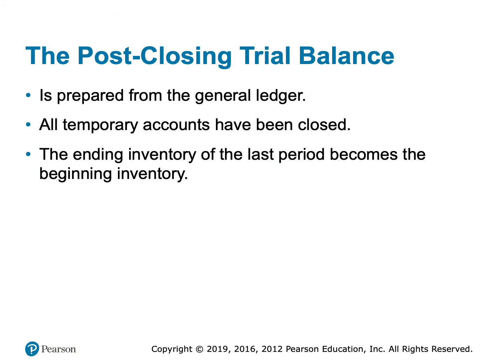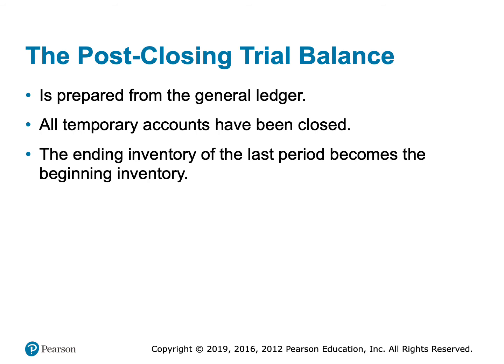So the last thing that we need to do is prepare the post-closing trial balance. That's going to be prepared from the general ledger, from the T accounts. So all accounts that have a non-zero balance will be listed here. So that means only accounts that appear on the balance sheet will be listed. There shouldn't be any revenues, there should be no contra revenues, there should be no expenses, and there should be no withdrawals.